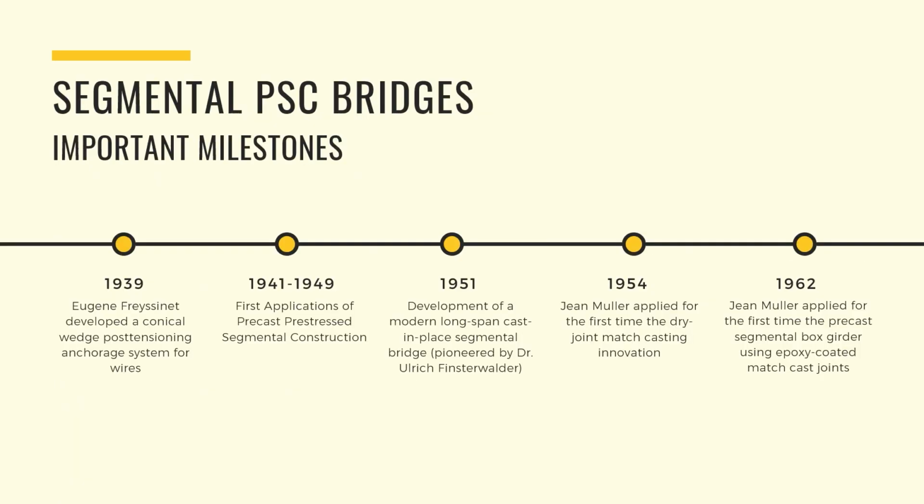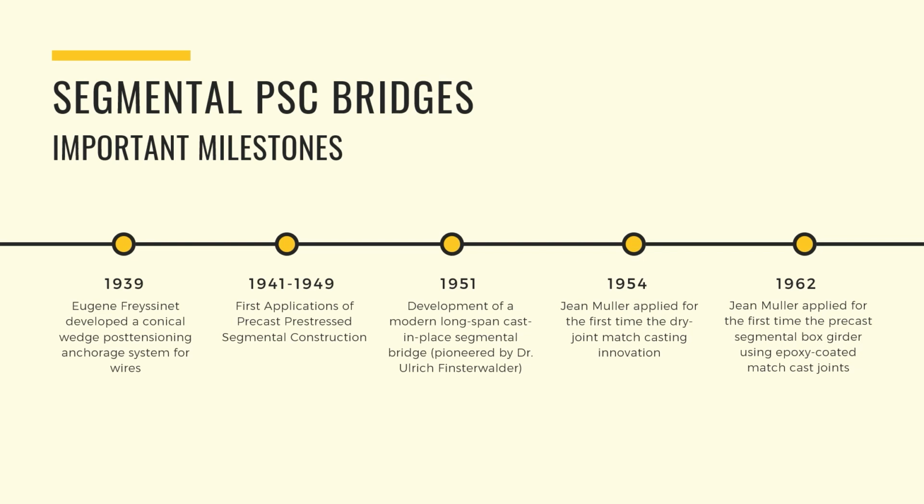The technologies used for segmental PSC box girder bridges have actually developed over several decades. Here, I'd like to enumerate some important milestones that made the technology as it is today. In 1939, the conical wedge post-tensioning anchorage system was developed. With this development, the technology was used for precast, pre-stressed segmental construction in 1941 to 1949.